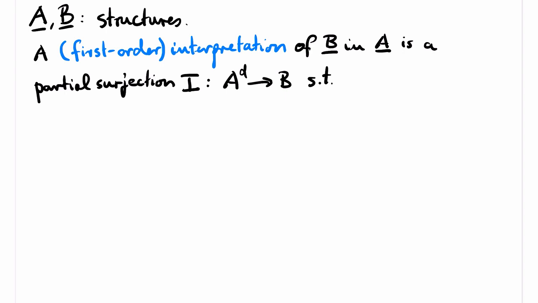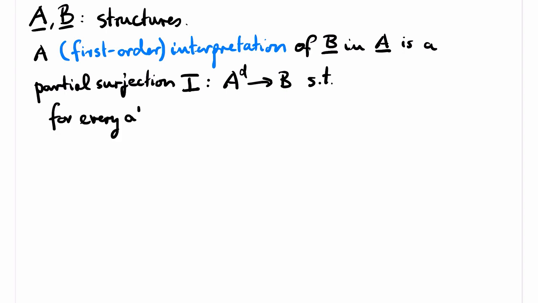By partial, I mean that I need not be defined on all of A^D, but just on some subset. However, every element of B must lie in the image of I. The idea is that a D-tuple, t, in the domain of I, simulates the element I applied to t. The conditions basically formalize what it means that also the relations and operations of B can be simulated by A.